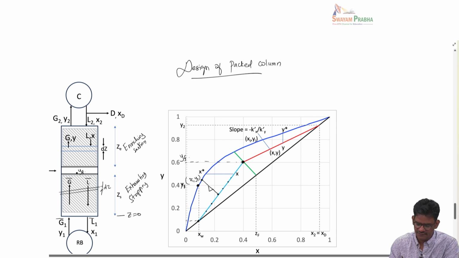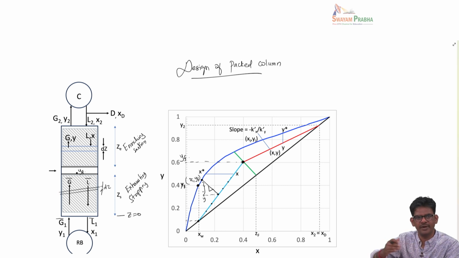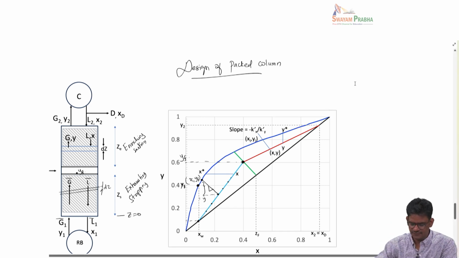So we read xi from here and the corresponding yi value from here, and this is the corresponding y value. So this is the concentration difference that goes in the integral, and we generate many such x comma y points on the operating line, and correspondingly get the equilibrium compositions, and that gives the driving force.